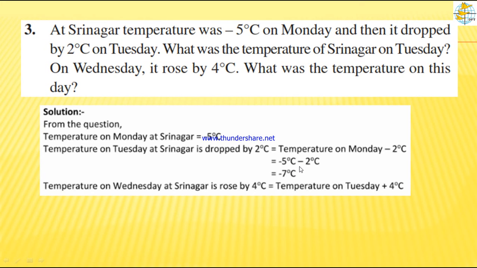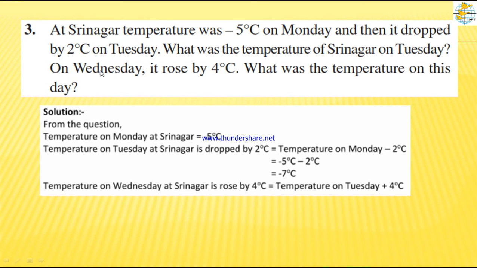When simplifying only two integers, see whether like or unlike. Here both are negative, like signs, so add, and you will have a negative solution, that is minus 7. Like signs, add, common sign minus. So the temperature at Srinagar on Tuesday was minus 7 degrees Celsius.